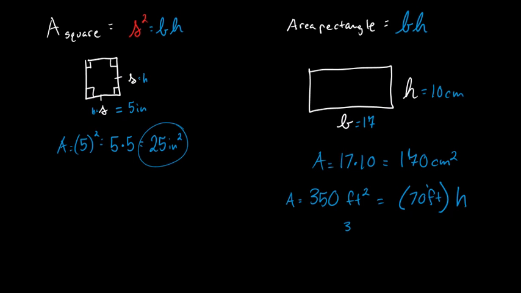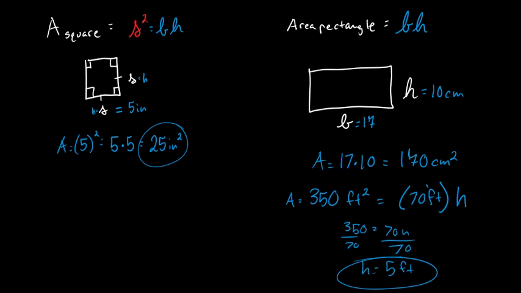So that's 350 equals 70h. I need to divide each side by 70. And that means your height would come out to 5 feet. As it is a height, it should just be measured in feet, not feet squared.